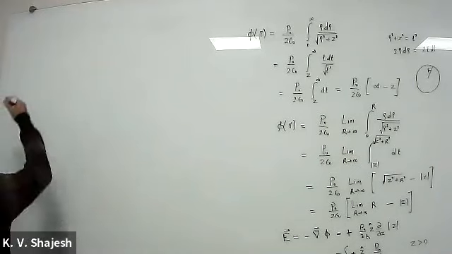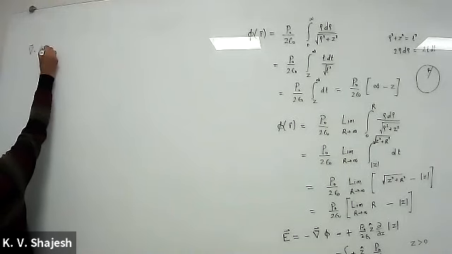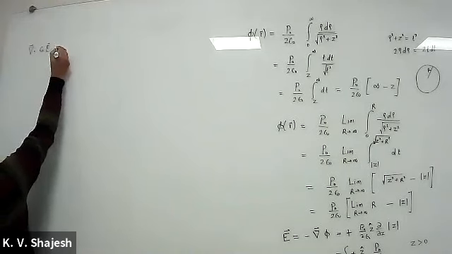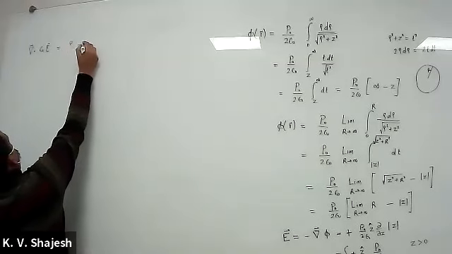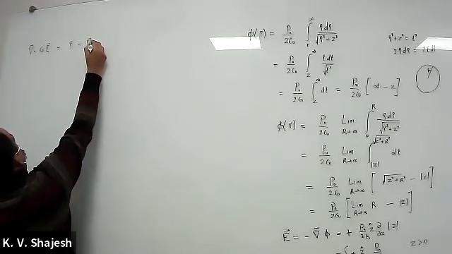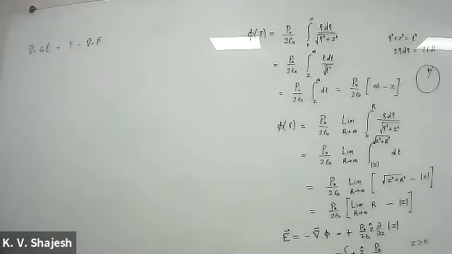So we have, remember, divergence of epsilon E is equal to rho, which is 0 basically, minus divergence of P. Correct.